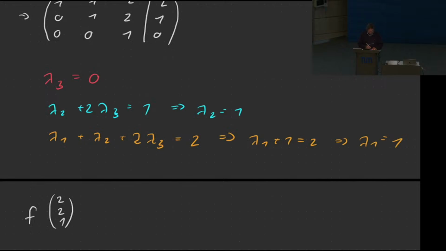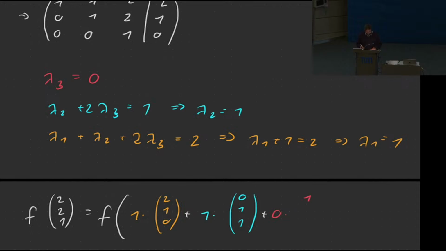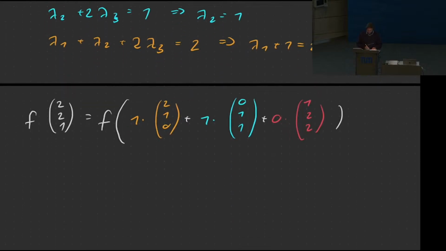I can now say, well, f of this vector is the same thing as f of, let's see, 1 times this first vector here, 2, 1, 0, plus 1 times the second vector, that was 0, 1, 1, plus 0 times the last vector, that was 1, 2, 2. And now I just use linearity to split that all up.